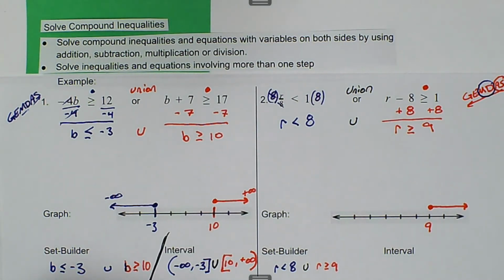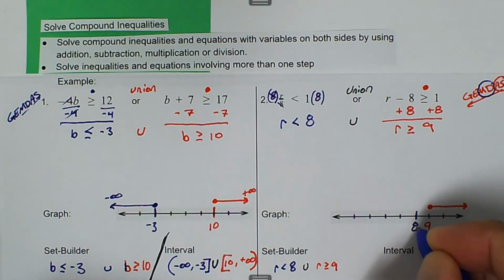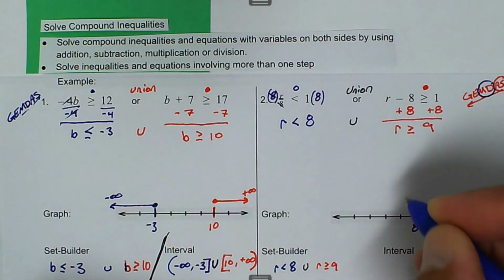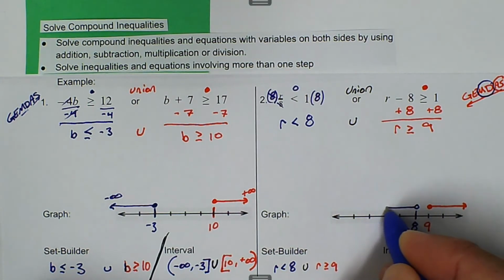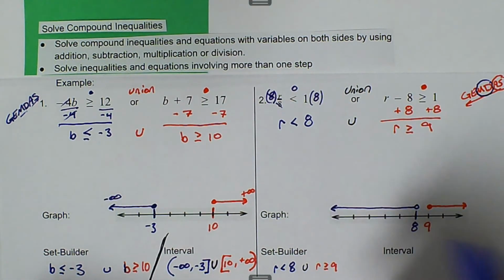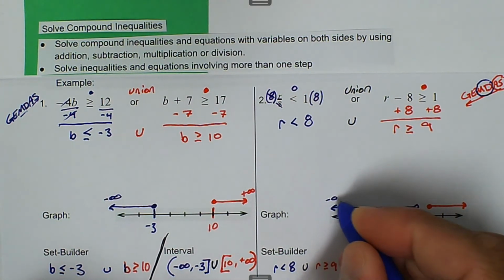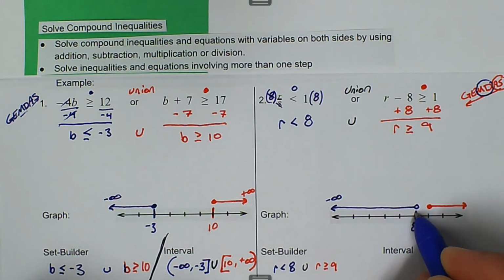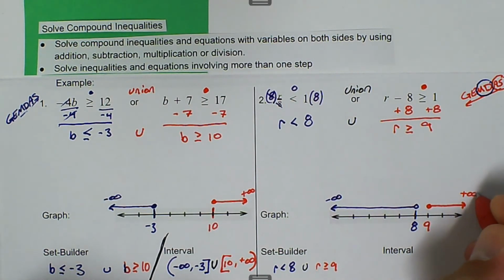And then at 8, we'll have an open dot, and we'll shade to the left. So this means union, so it just means it has to be in one set or the other. So this goes from negative infinity all the way to 8, not including 8 because it's an open circle. Then we go from 9 to positive infinity.